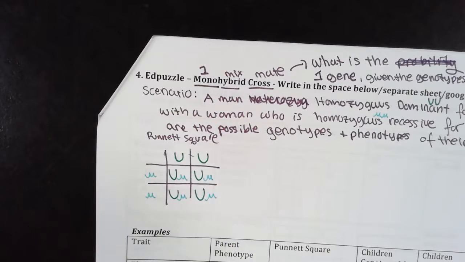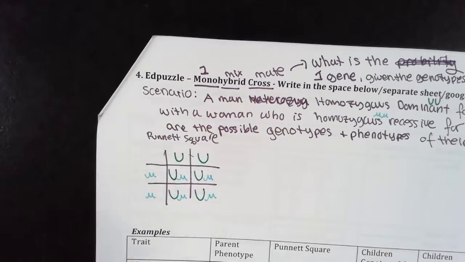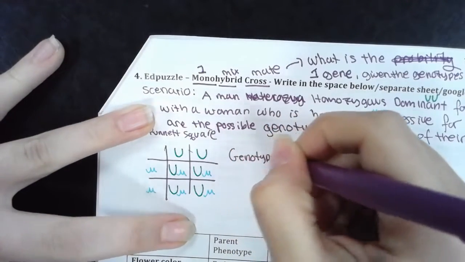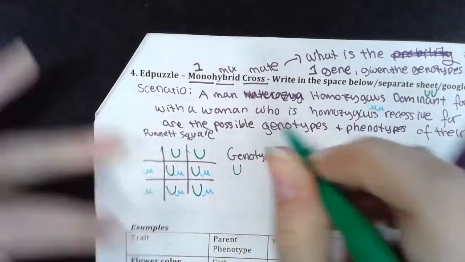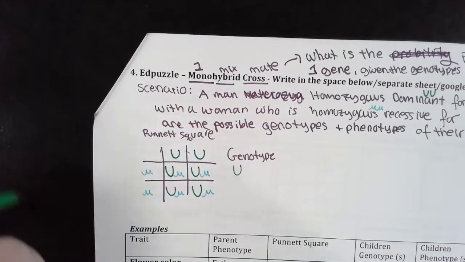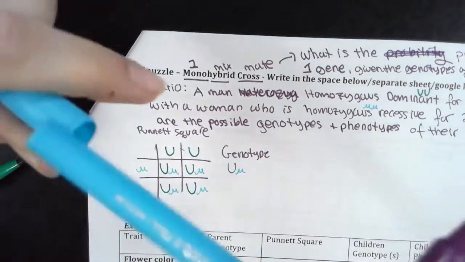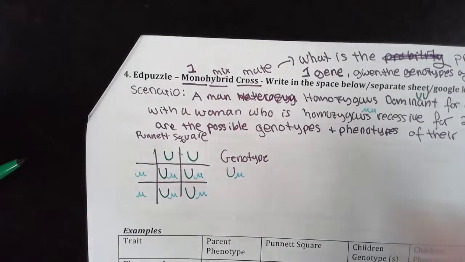So this question asked me, what are the genotypes and phenotypes? So my genotype is really, I only have one genotype, and that is capital U, and lowercase u. That means that I have a heterozygous genotype.